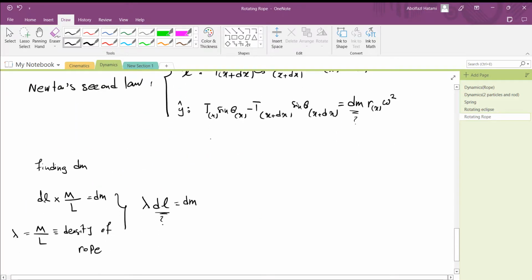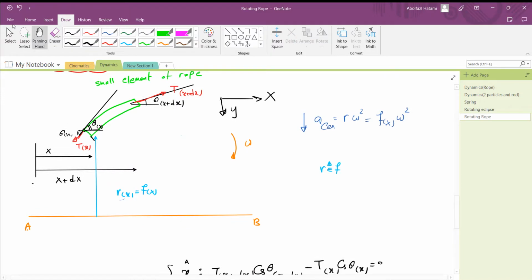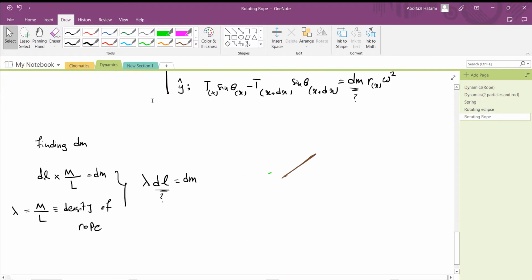We can neglect the curve here and consider that dl, this part of our rope, is a straight line.